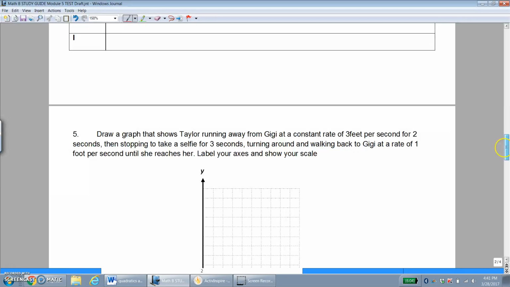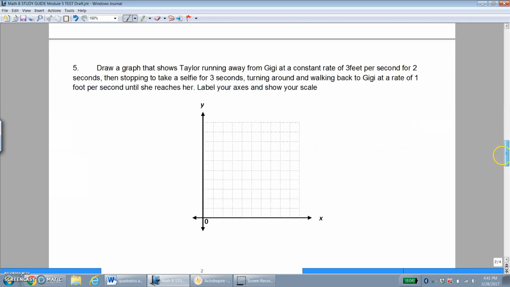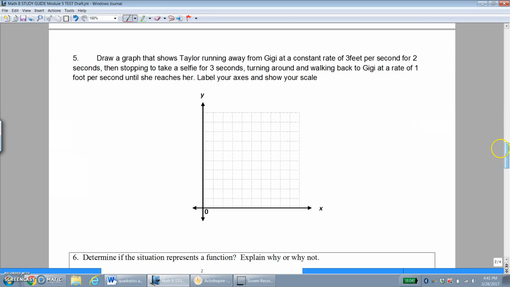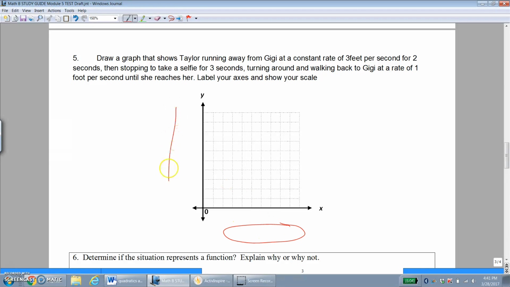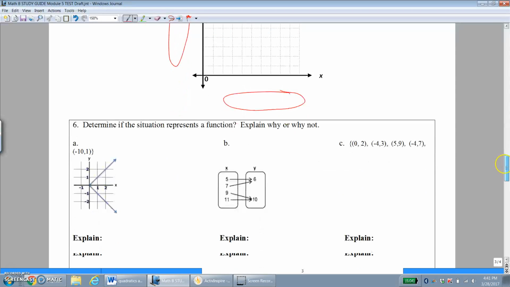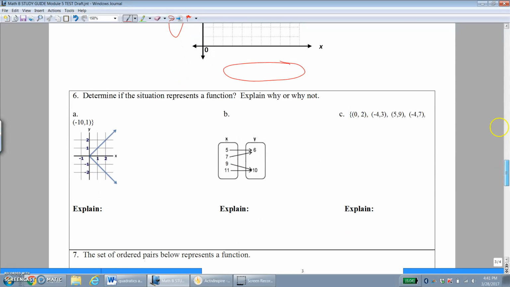You're also going to be able to read a sentence and graph it, so make sure you know how to do that. Don't forget to label your x and y axes. Now, on your graph, you're going to have to tell me, is it a function or not?